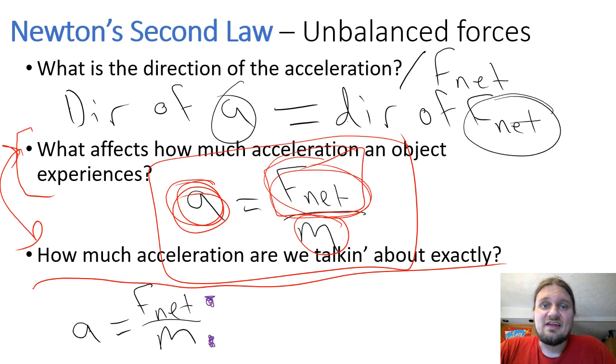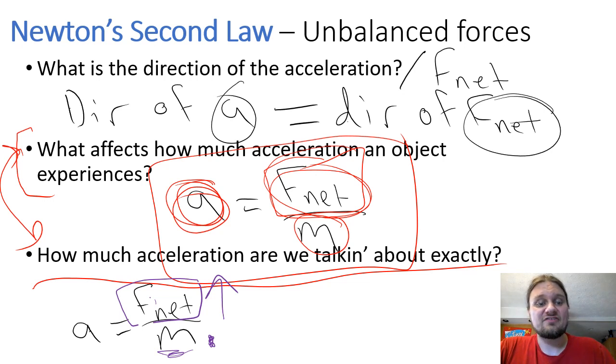We can look at this like an algebra problem, or as a fraction, because that is what it is: a numerator divided by a denominator. Net force is the numerator. So if we increase the net force on an object while keeping the mass the same, my numerator gets bigger, and so my acceleration is going to get bigger.